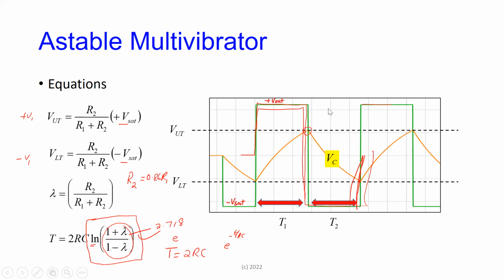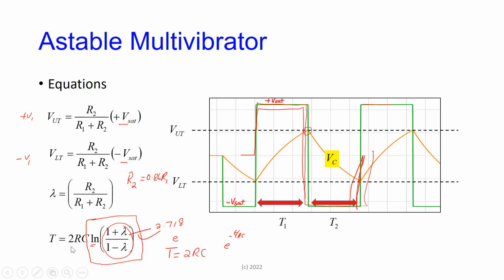Right, so just a little design. You don't have to do it, but this is a funny little ratio here. If you happen to be able to choose R2 to be equal to 0.86 R1, say you pick R1 as 10K, then R2 will be 8.6K.